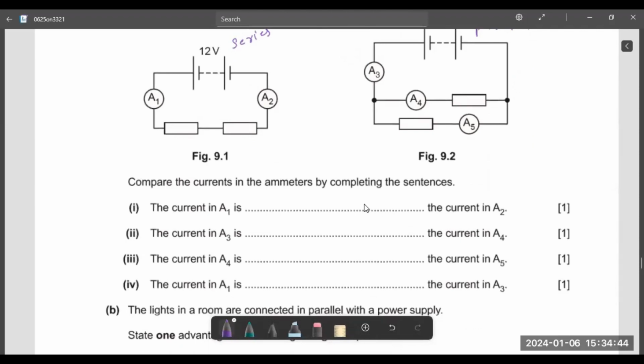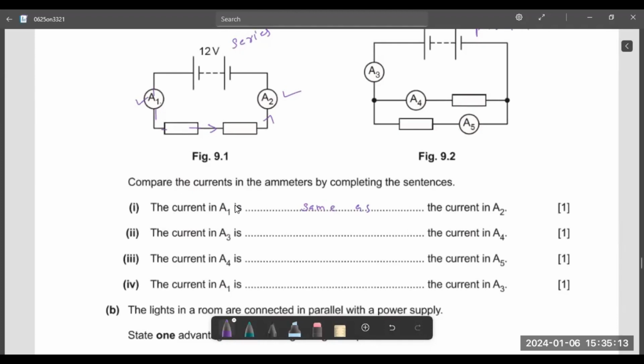Compare the current in the ammeters by completing the sentence. The first point is the current in A1, this A1, and the current in A2. As it is a series network, the current flowing in this will be the same. Current in A1 and A2 will be the same. So the answer is the same as the current in A2.